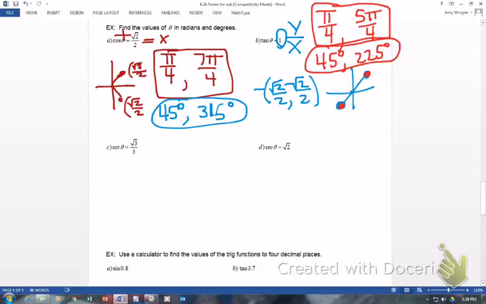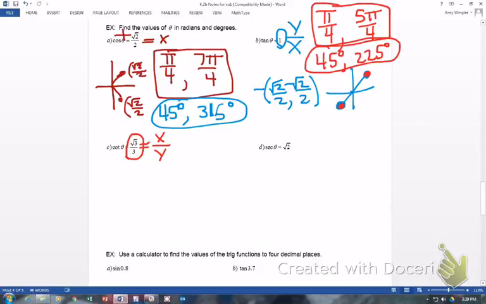Okay, so now let's look at cotangent. Cotangent we know is the reciprocal of tangent. So if tangent's y over x, then cotangent is x over y. But this value has been either reduced or rationalized.